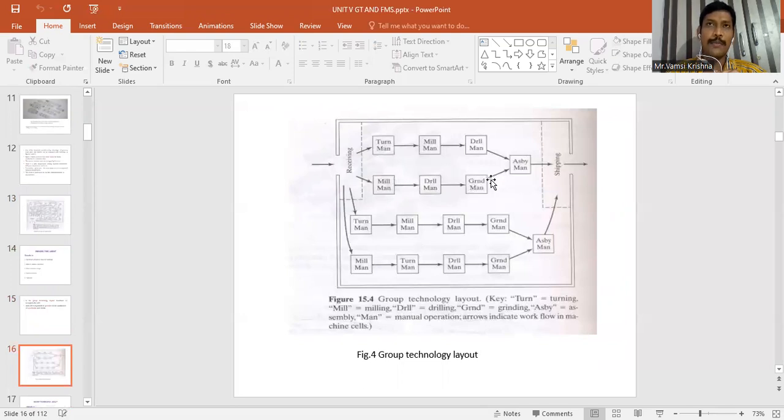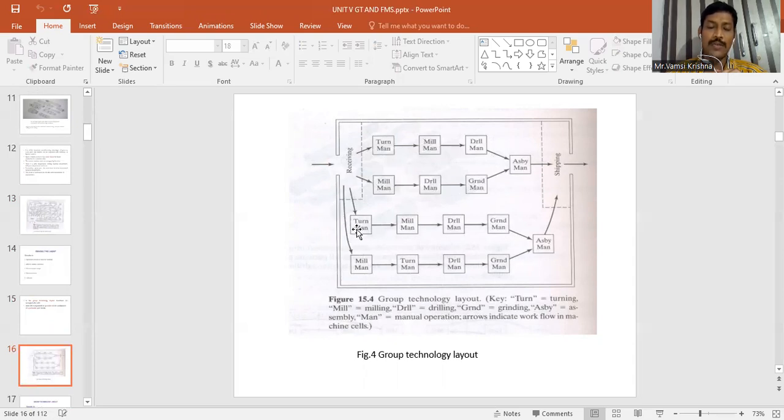Once the manufacturing design similarities are completed and machine cells are arranged as per the group technology layout, this is how you can synchronize the specific requirements of an organization as per their design manufacturing similarities, and you can find there is no complexity in the transfer of component from one workstation to another workstation.